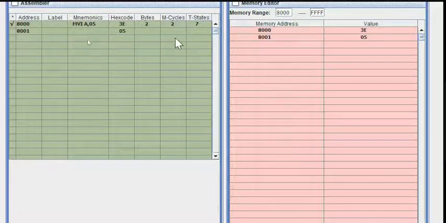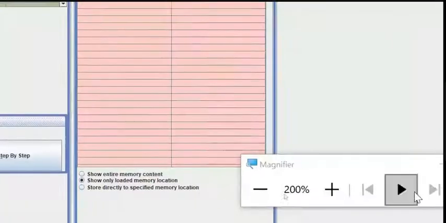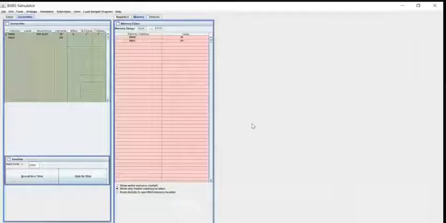This operation is called a machine cycle. T state represents how many clock pulses are needed to execute the instruction. That is the meaning of T state. One T state equals one on time plus one off time in the clock pulse. So these are some introduction about the instruction cycle.